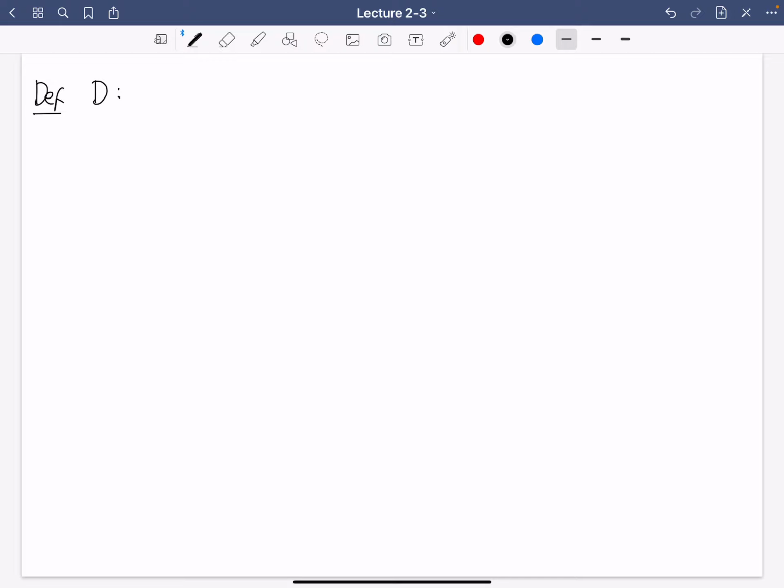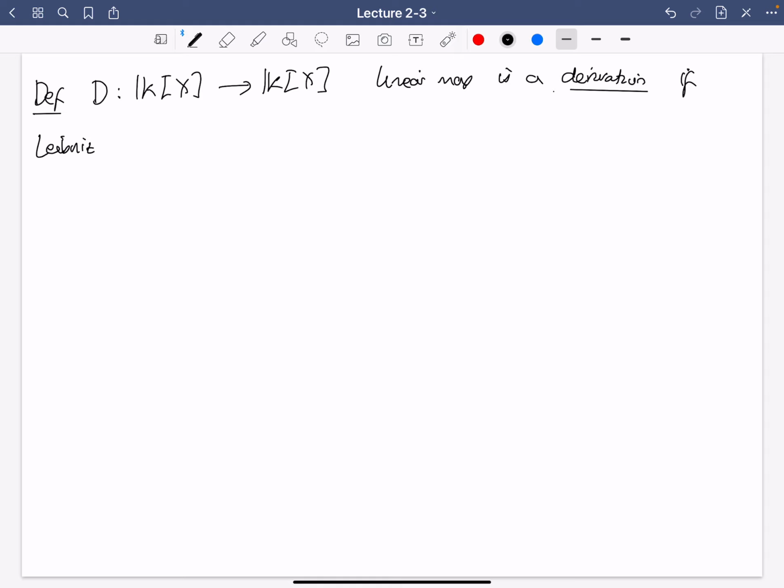I'm going to call a linear map from the coordinate algebra of X to K[X] a derivation if it satisfies Leibniz. You all know what I mean by Leibniz. So applying d to a product gives d of f times g equals d(f) times g plus f times d(g).